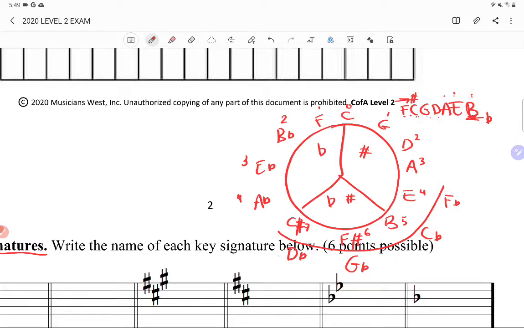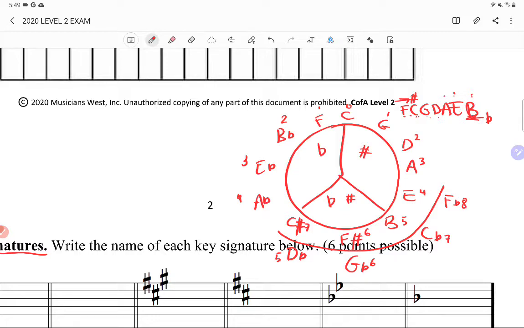D flat has 5, then G flat has 6, and finally C flat has 7 when you have all of them. F flat actually has 8, but it's not very often that you will need to use F flat major.